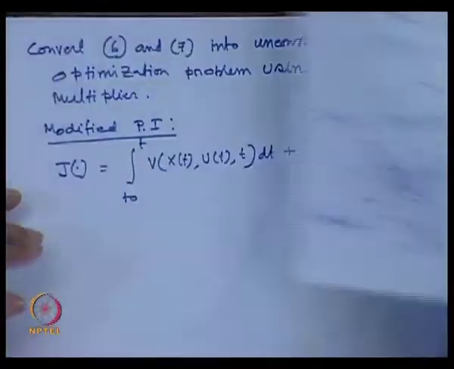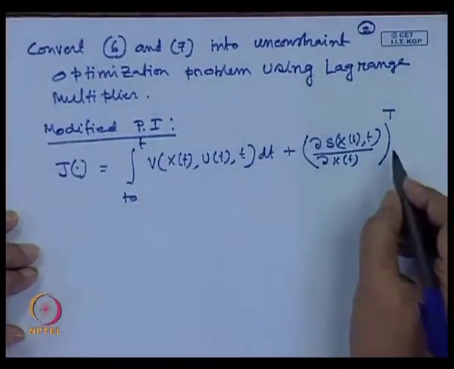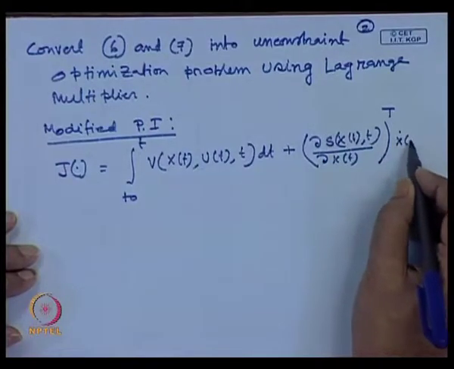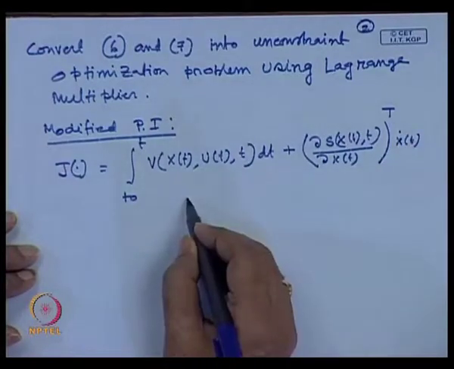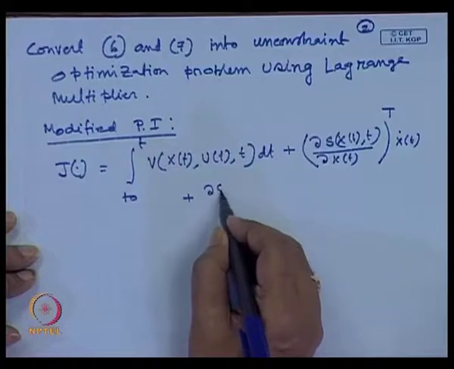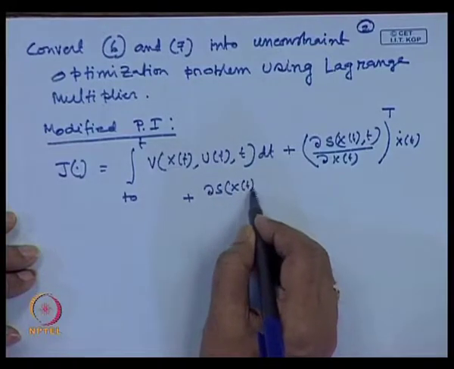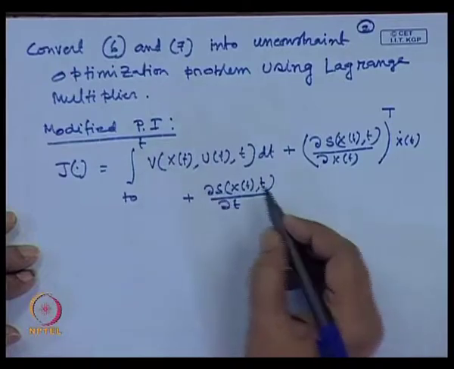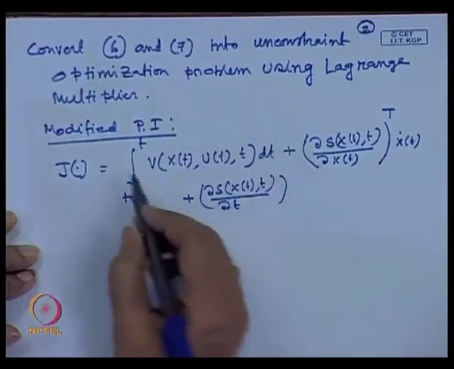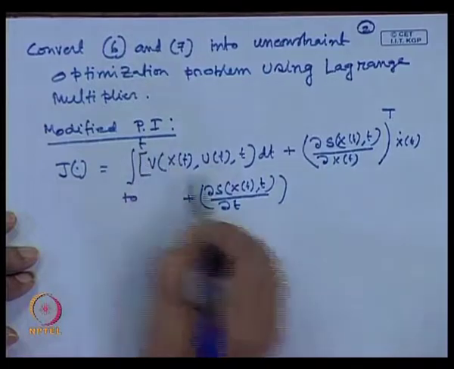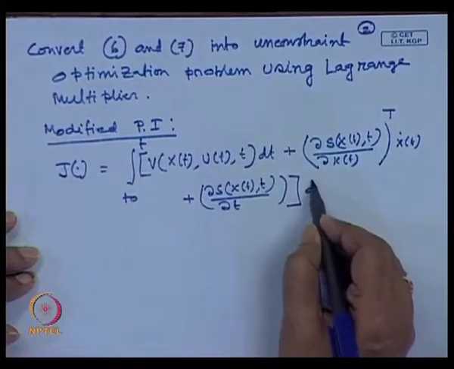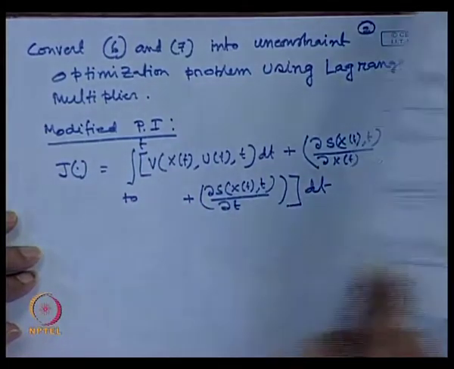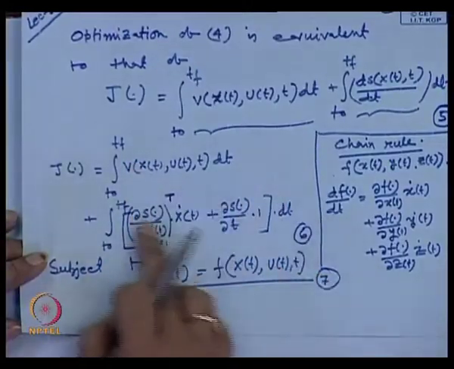Transpose that one. So, that will be transpose into x dot of t plus del S del x of t del t, this one, and this whole is dt. This equation, this and this I clubbed together.